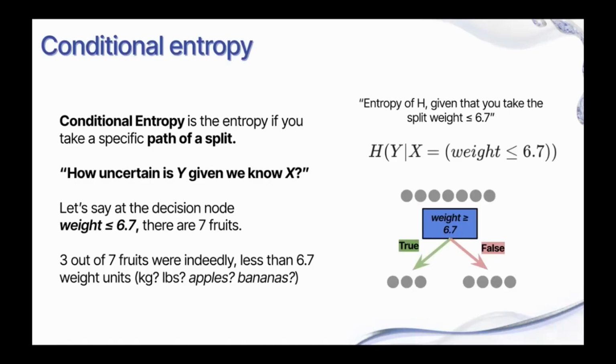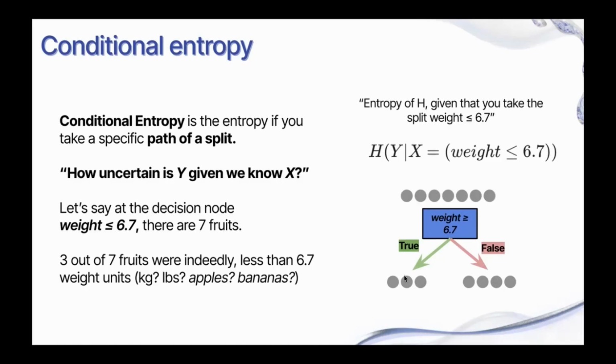There is a lot on this slide, but I will go through this one by one. The conditional entropy is the entropy when you take a specific path on the split. So on this decision, you can agree that 3 of them go to the left, 4 of them go to the right. All conditional entropy is saying is that instead of computing the entropy for this group, I'm computing the entropy of this smaller group.